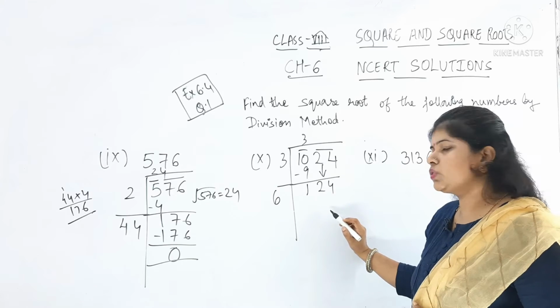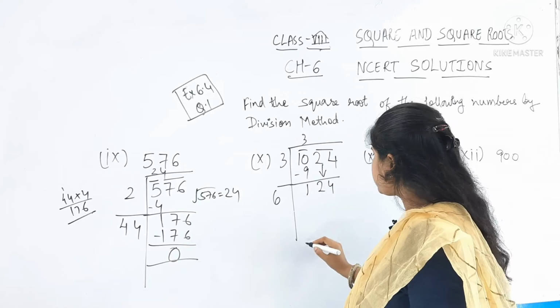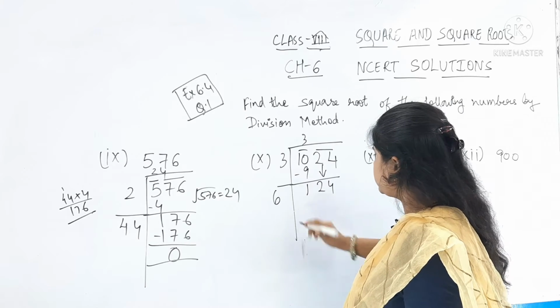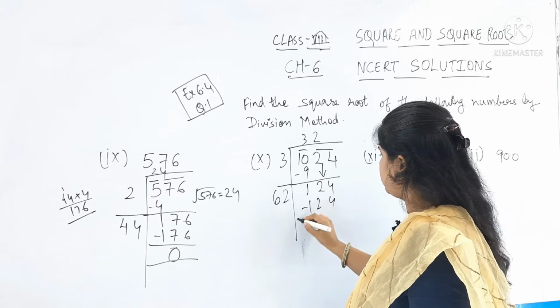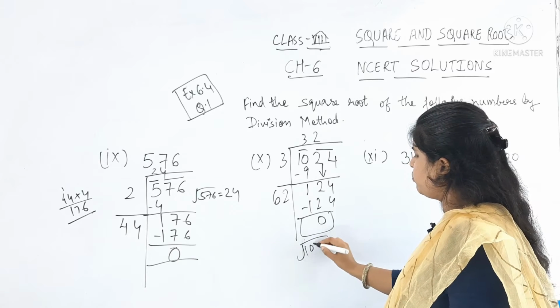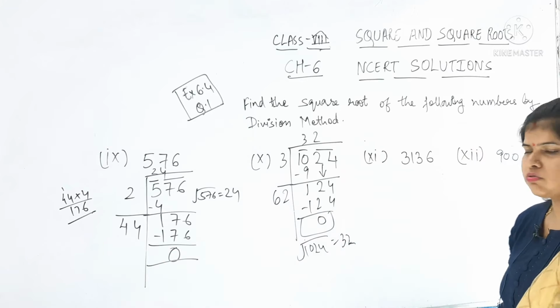So here 2 2s are 4 and 8 8s are 64. So here easily we can solve, 2 2s are 4, 2 6 are 12. Okay. So the square root of 1024 is equal to 32. Like this you have to solve.